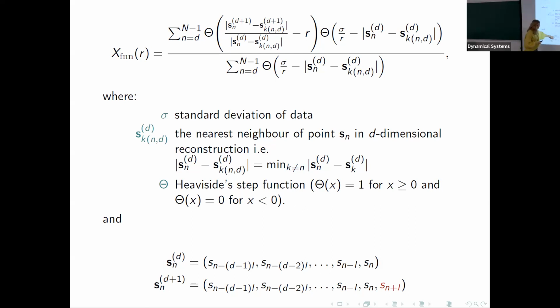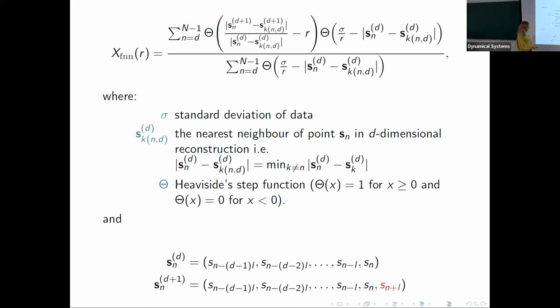So I am in dimension d. I look at this point, I compute its nearest neighbor, yes? So the point that is the closest in the Euclidean distance metric, yes? So let's call this point S_K, and so on.